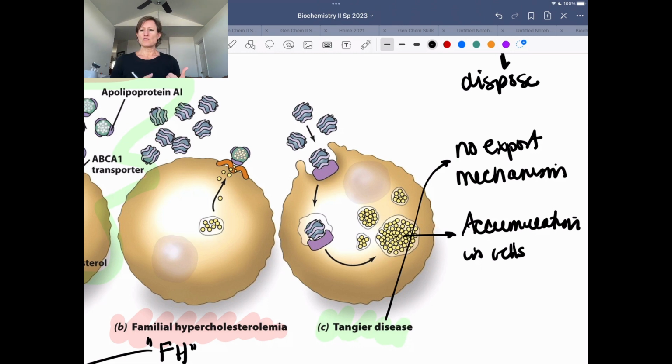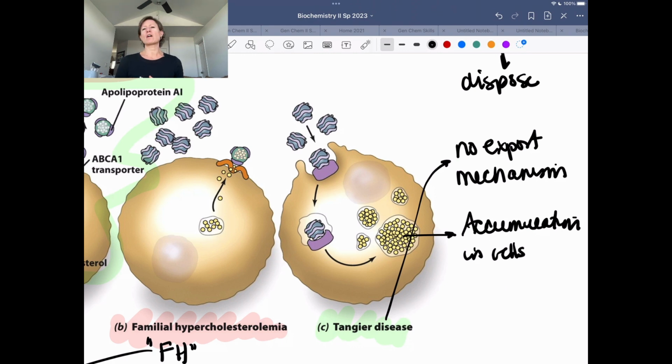Ultimately, this can recruit macrophages. This can be very inflammatory. There's lots of neurological complications here. This is not something where you tend to see the elevated LDL cholesterol particles as really being the problem. It's really this accumulation of cholesterol within cells because you cannot offload it.